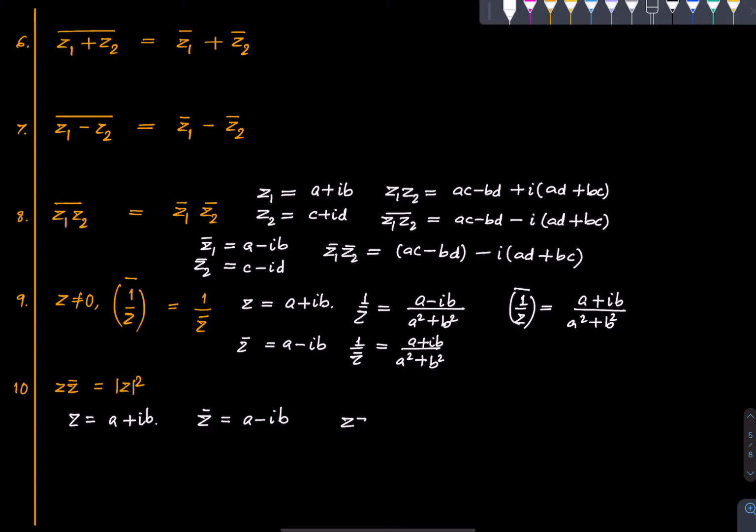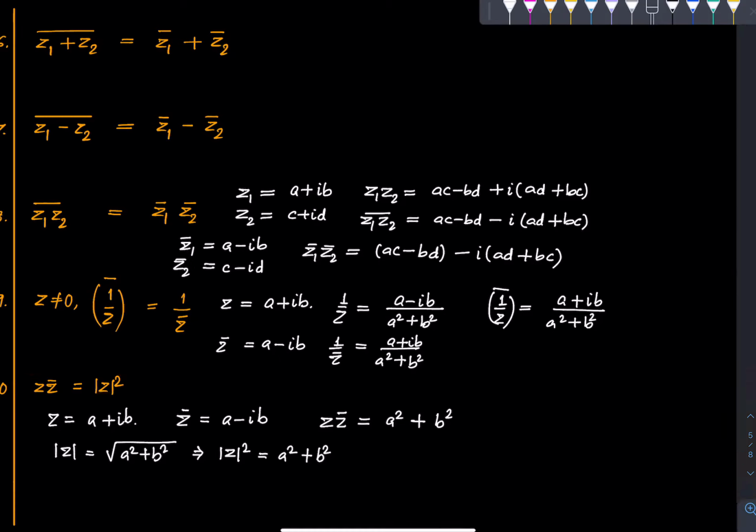And pure computation will show you that z times z bar is equal to a square plus b square. We have done this computation before. And what is mod z? Mod z is defined as square root of a square plus b square. Therefore, mod z square equals a square plus b square. So that's the proof. None of these are, of course, difficult, all very easy stuff. But it's how we use them that matters. And this will be very, very useful.